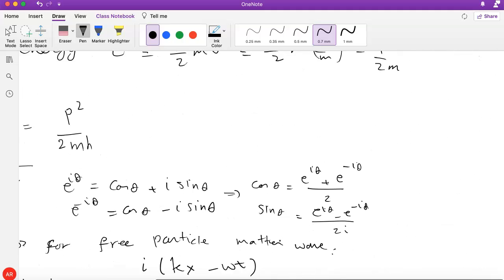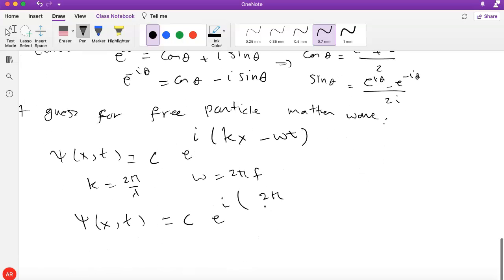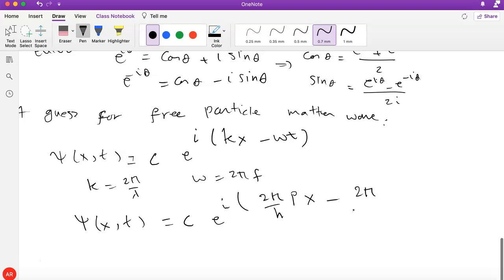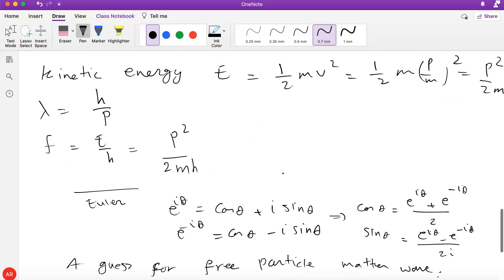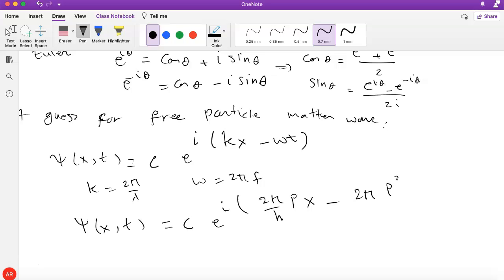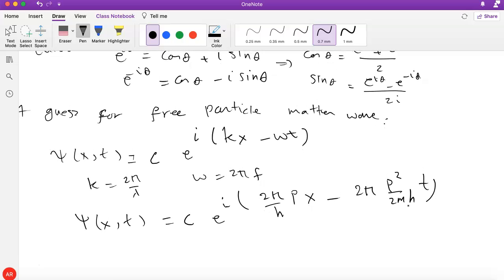Lambda is h over p, so it becomes 2 pi over h times p, and then that multiplies x, so this entire thing is k, minus 2 pi f, right? Omega is 2 pi f, and f is p squared over 2mh times t. Okay, so that seems like a reasonable guess for a matter wave.